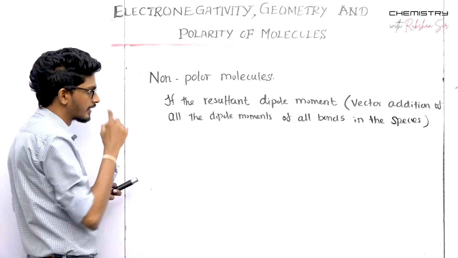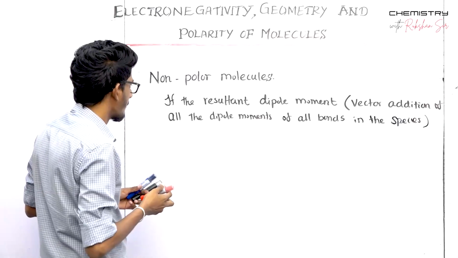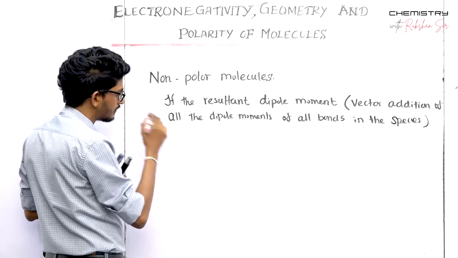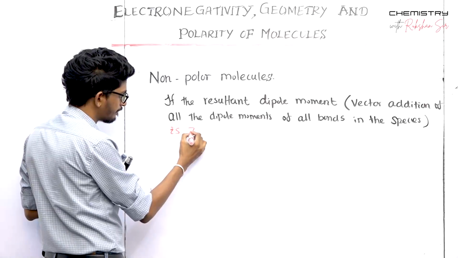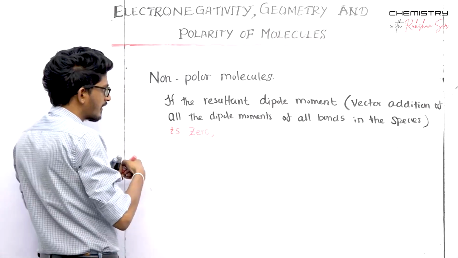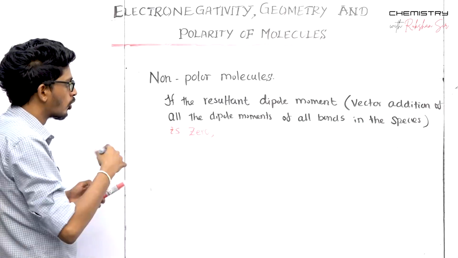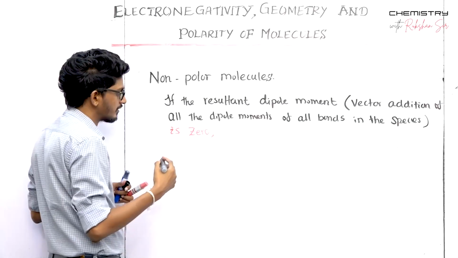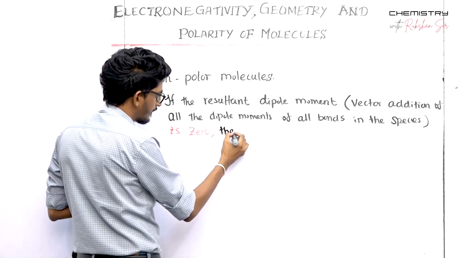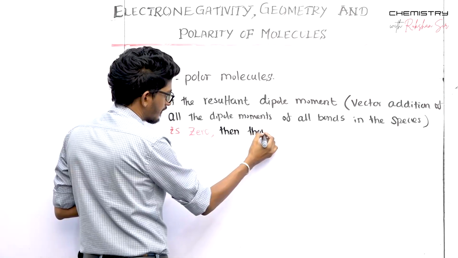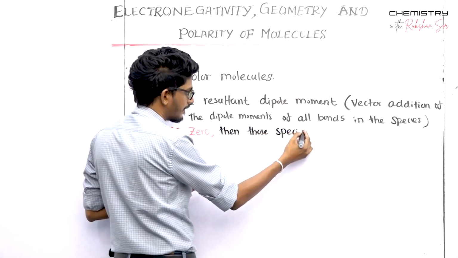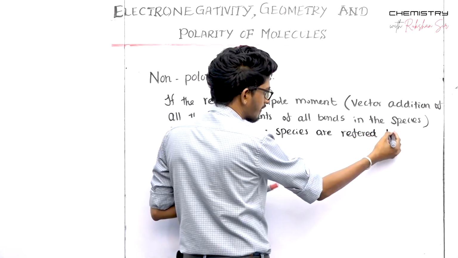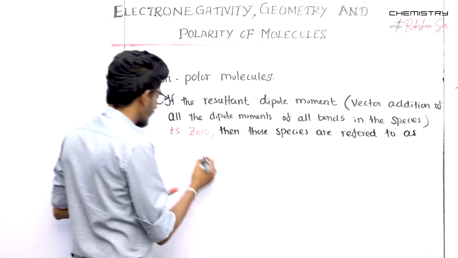If that is 0, then we say there is no dipole moment with the species. That means those are non-polar species.